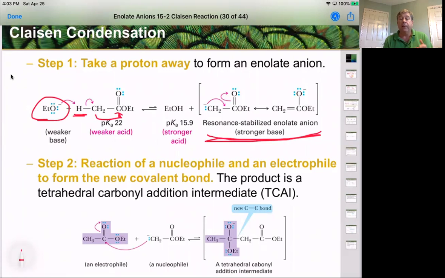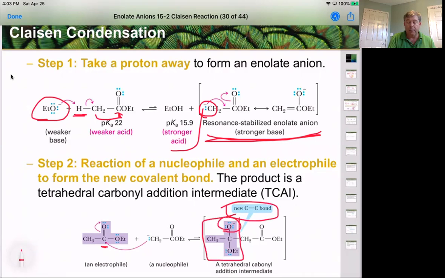Now that we have this resonance stabilized enolate ion, this carbon can act as a nucleophile and attack another one of the carbonyl compounds that is already in solution. When it does this, it forms our new carbon-carbon bond and gives us this tetrahedral center right here, where we have this alkoxide ion plus this ether on this side here.